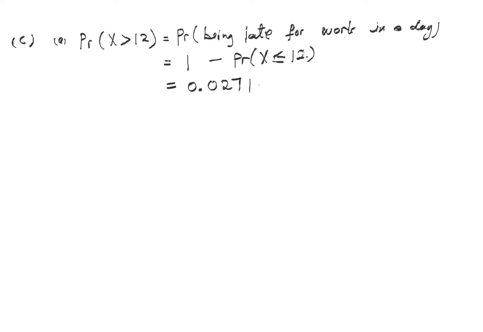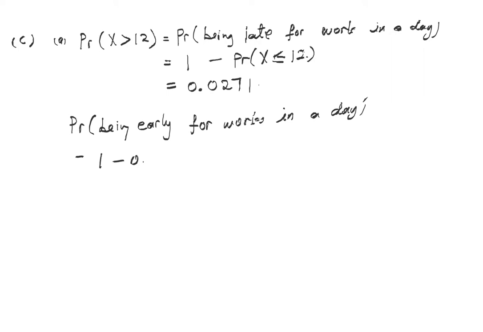So that means probability of being early for work in a day will be equal to 1 minus 0.0271.